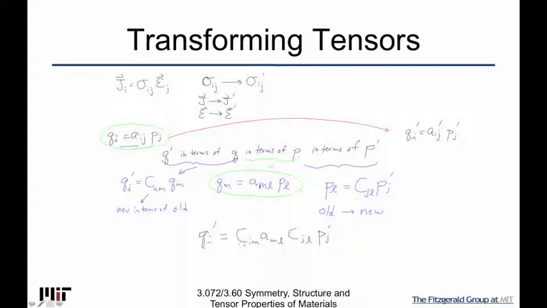So clearly now this is what we were after. So a_ij in the new system, right, equals c_im c_jl a_ml.